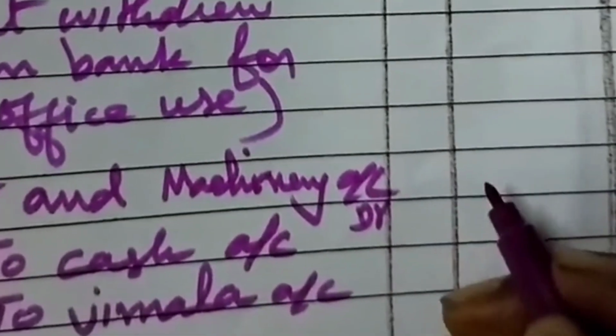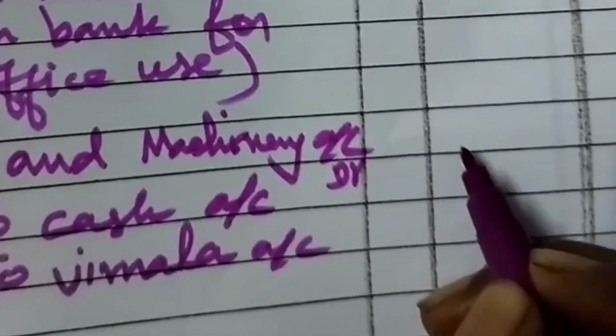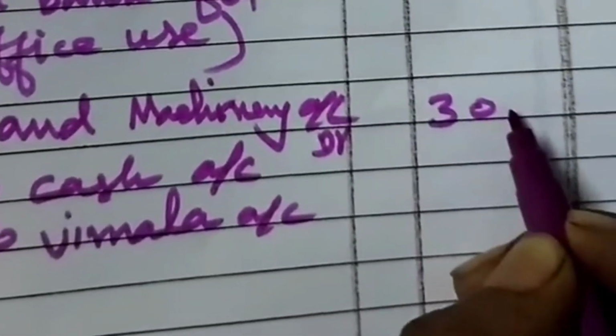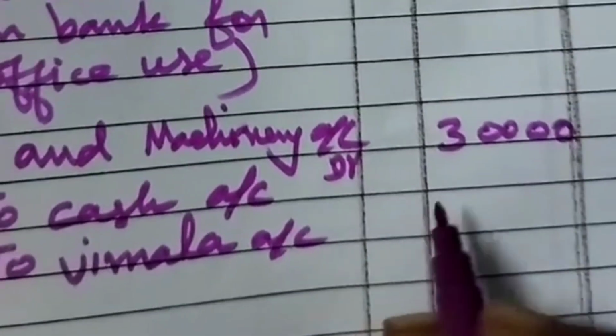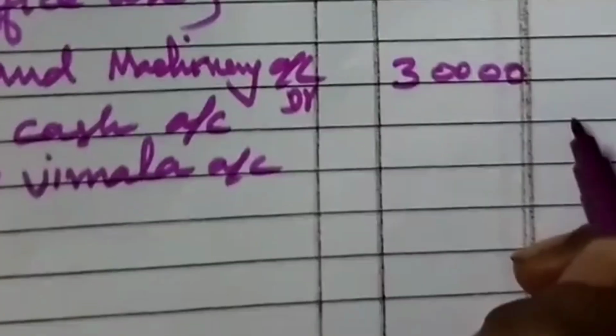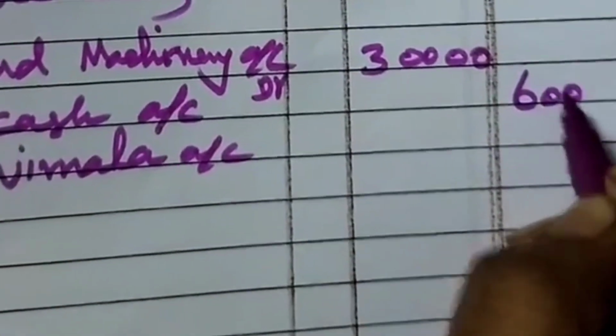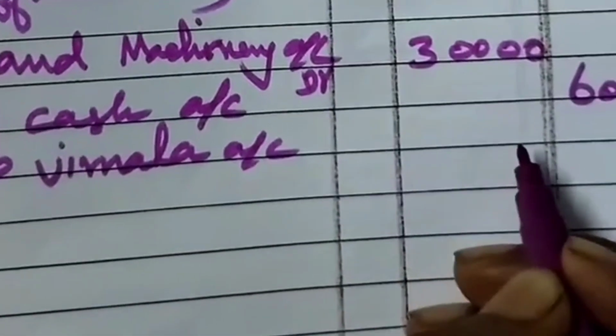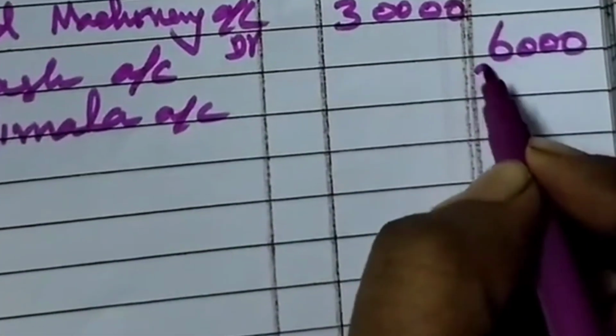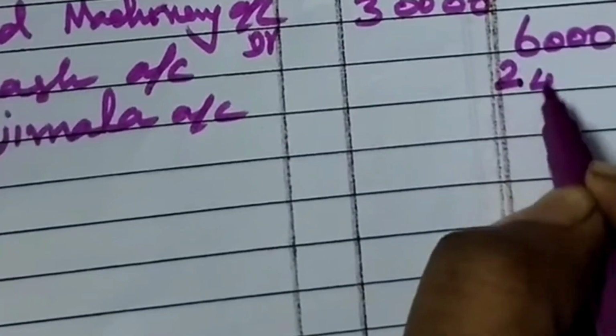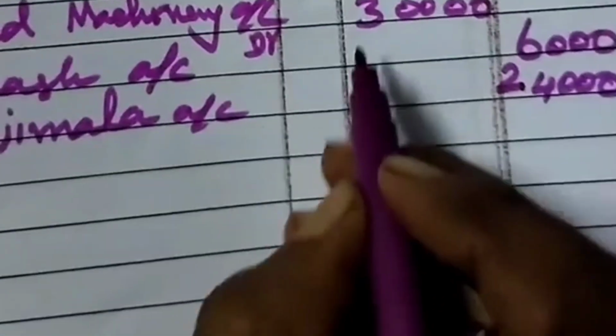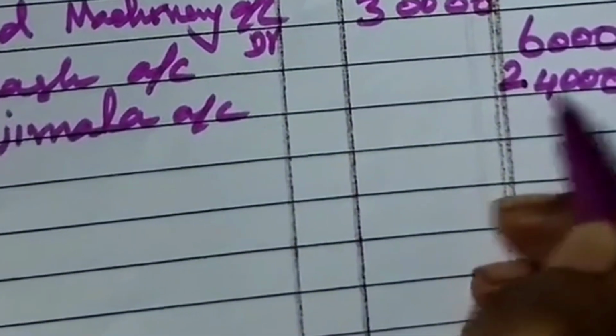So what's the value? Plant and machinery value 30,000. Then we paid only 6,000. Remaining amount we have to pay in future. So 24,000 under Vimala. So see here, 30,000 debit side, 30,000 credit side. Always debit should be equal to credit.